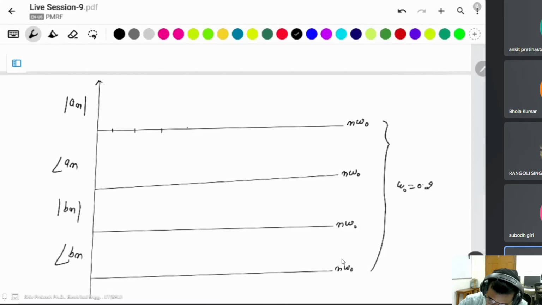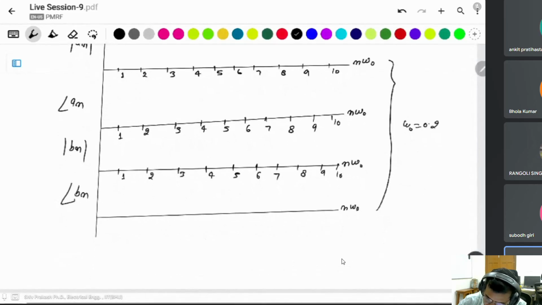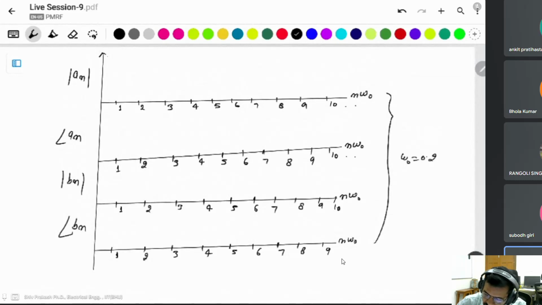The axes are 1 2 3 4 5 6 7 8 9 10, and it goes to infinity.